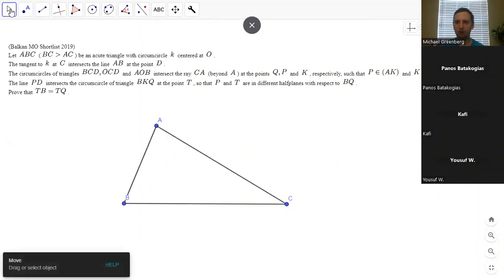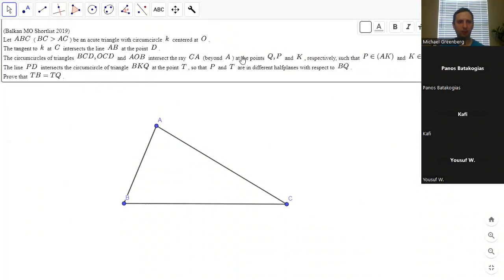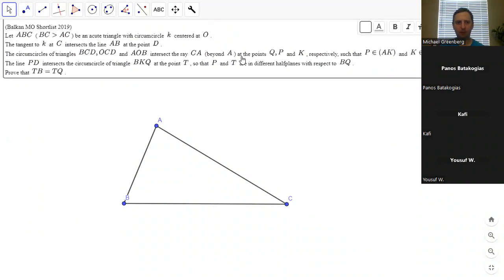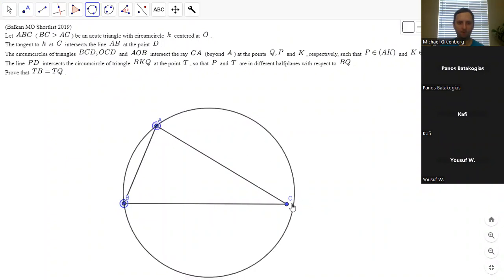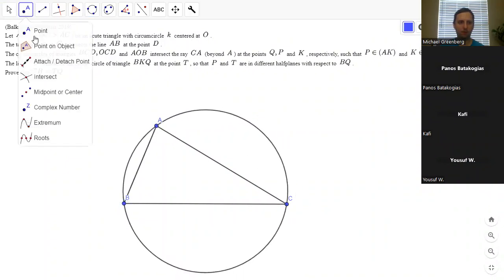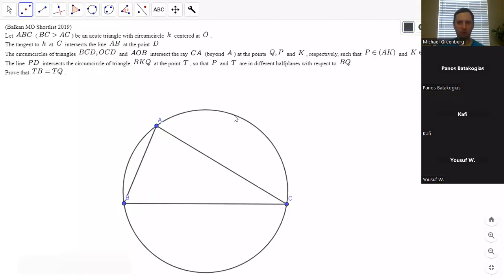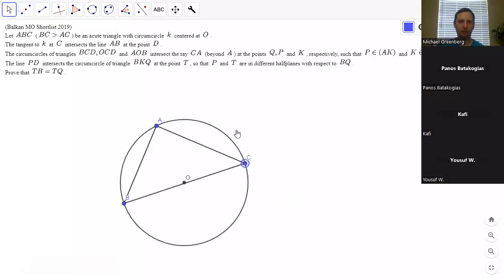Let me move this up a little bit. Let's draw the circle, and it's centered at O. We draw the tangent line to C, so maybe we want to put C at the top.